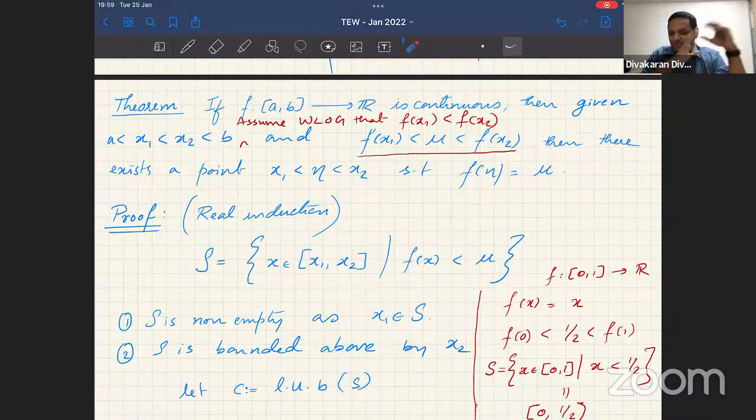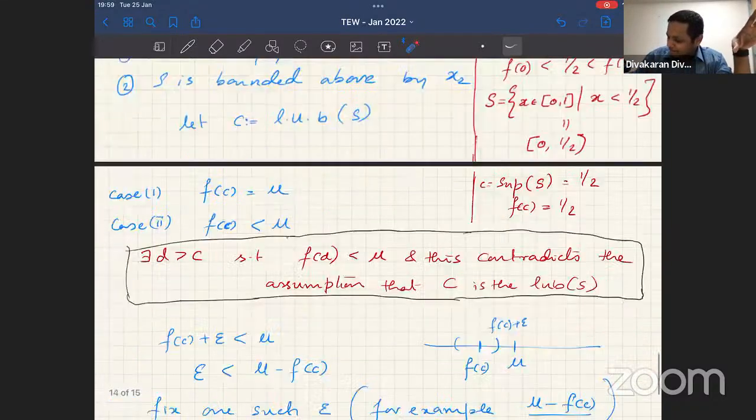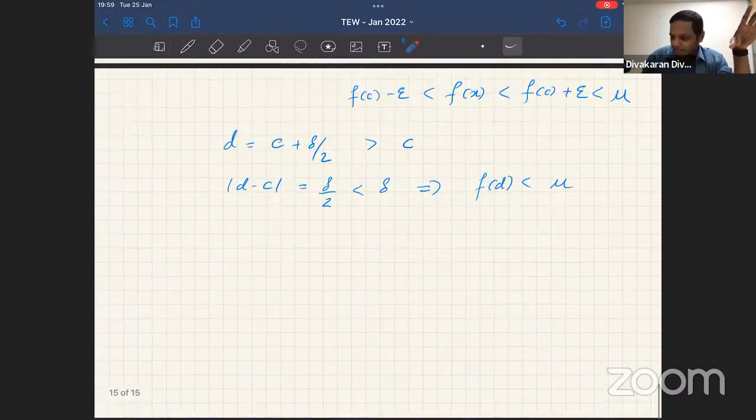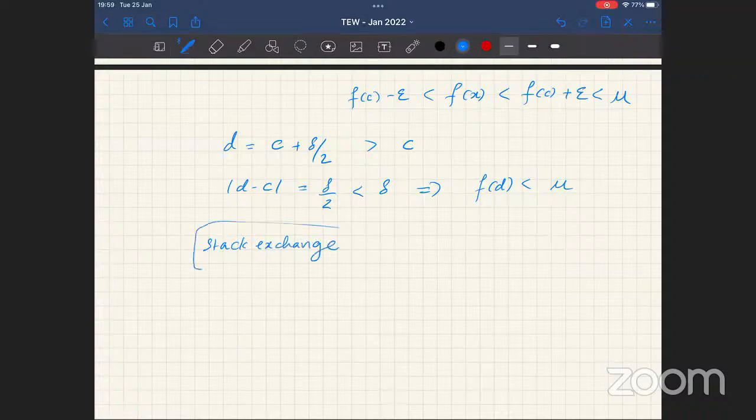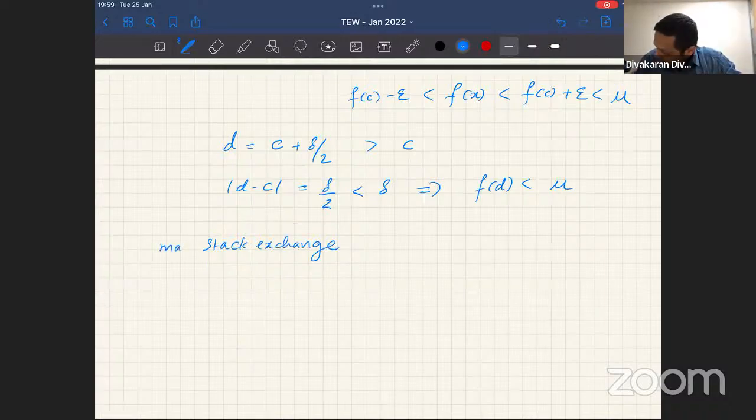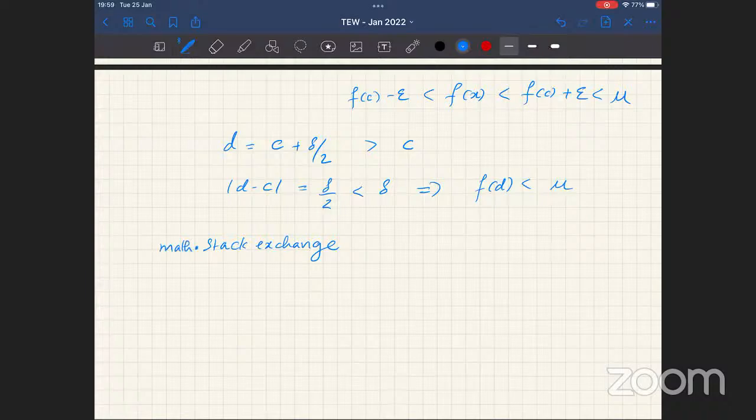So of course, I learned it from Stack Exchange. I learned this idea of calling it real induction from a Stack Exchange post. I believe that at least some of you are aware of this website called Stack Exchange, right? Yes, sir. Math Stack Exchange. So it's a very, very good site, math.stackexchange. There are other stack exchanges also related. Yes, there are so many subjects.